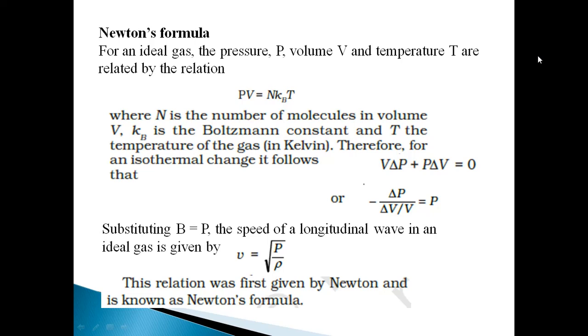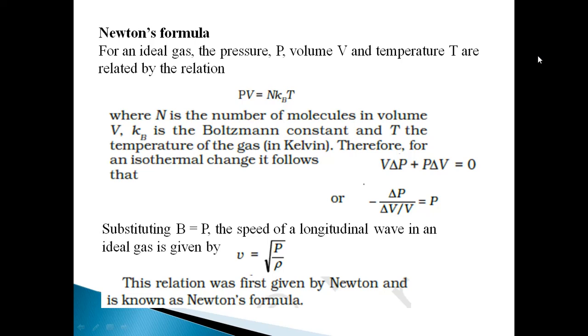An isothermal change means that the pressure and volume changes are very slow, and the equation followed in an isothermal change is Boyle's law, that is, P into V equal to constant. So these two factors are a speciality of isothermal change. It is a slow change and it obeys Boyle's law.